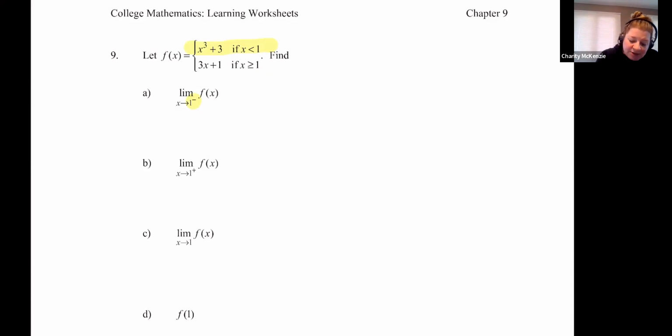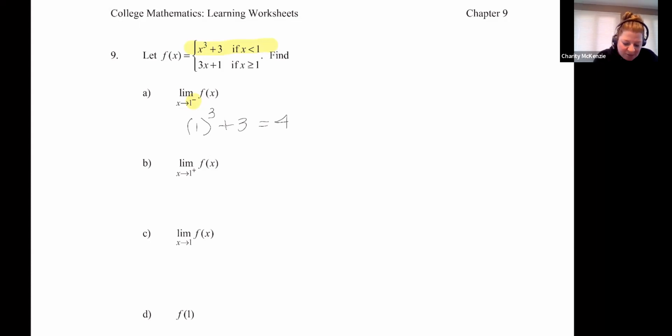So I need to use this function, x to the third plus 3. I put in 1 to the third plus 3. 1 to the third is 1, 1 plus 3 is 4. So as we approach 1 from the left, it's going to be 4.